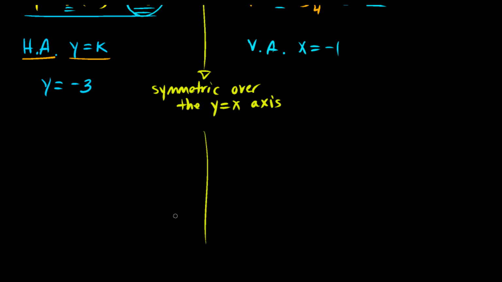For example, if you were to just take a regular run-of-the-mill exponential function and then draw y equals x as the axis of symmetry for these, and then you can draw the logarithmic function would look like this.